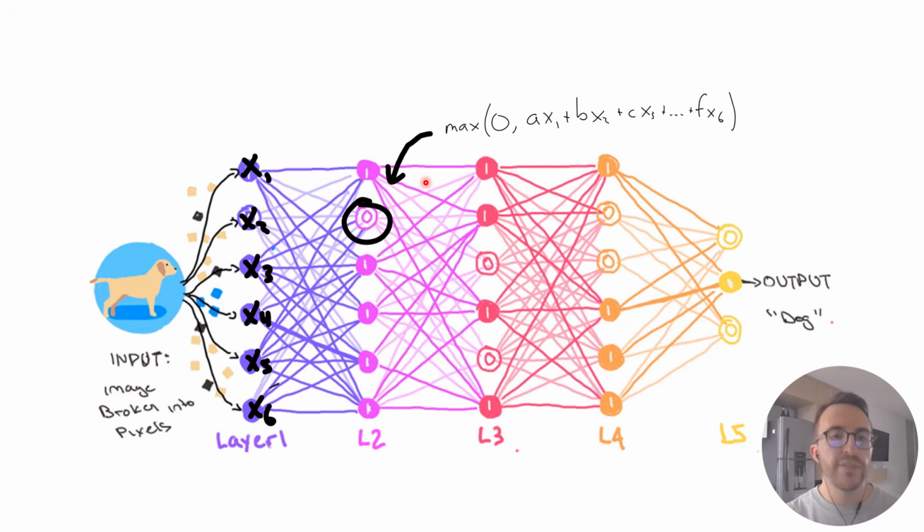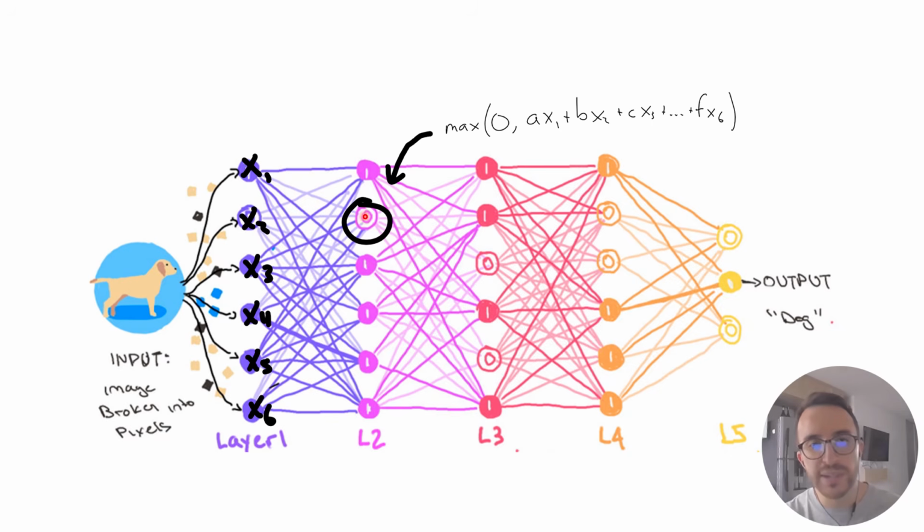So how is it a math formula? Well, each of these nodes right here is a little math formula like this. We take a max operation, so we take the larger between 0 or this. And x1, x2, x3, up to x6, are the inputs to this node. So you can see how each of these nodes here are x1, x2, x3, x4, and they're all connected to each of the nodes in the next layer.